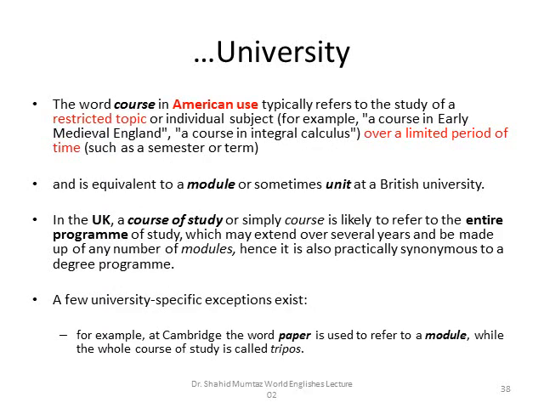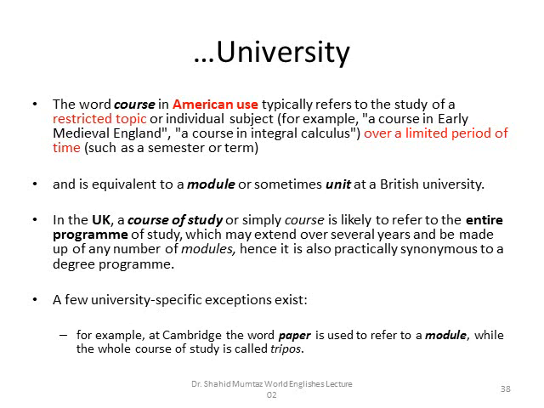The word course in American use typically refers to the study of a restricted topic or individual subject. For example, a course in early medieval England, a course in integral calculus over a limited period of time, such as a semester or term. So, this is a course in American use.